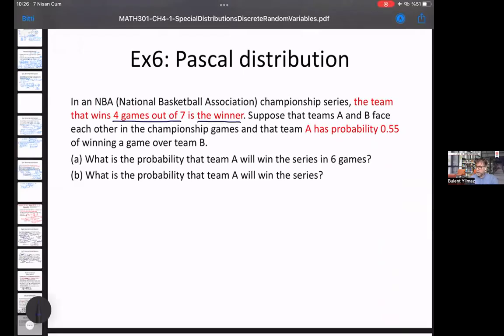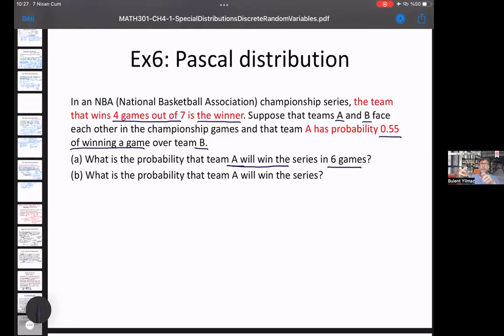Suppose that teams A and B face each other in the championship games, and that team A has probability 0.55 of winning a game over team B. What's the probability that team A will win the series in 6 games?